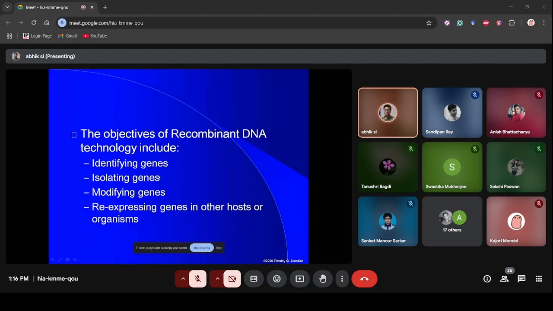Now the steps involved in rDNA technology: first is identifying the gene. In a human body, in each cell there are nearly 32,000 genes. Out of these, if I want to collect one particular gene, for example the insulin gene, this is the first step, identifying.